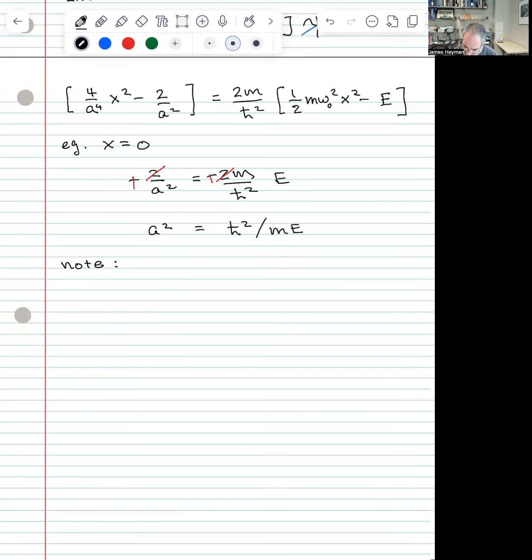Now we're nearly done. We'll notice that the energy for the lowest state is equal to 1/2 h bar omega naught, and substitute that in. And we have a squared is equal to h bar squared over m times 1/2 h bar omega naught.